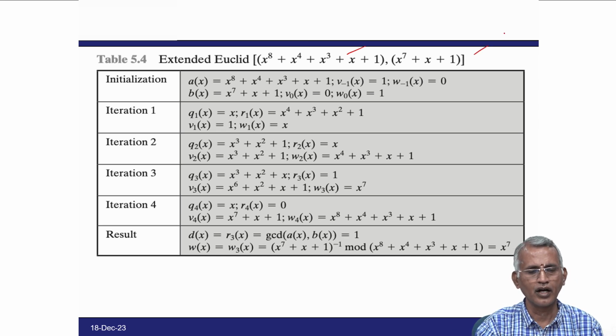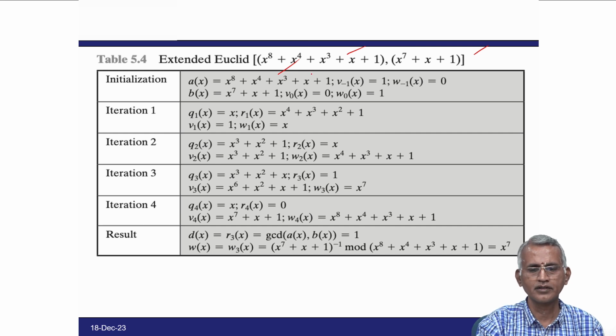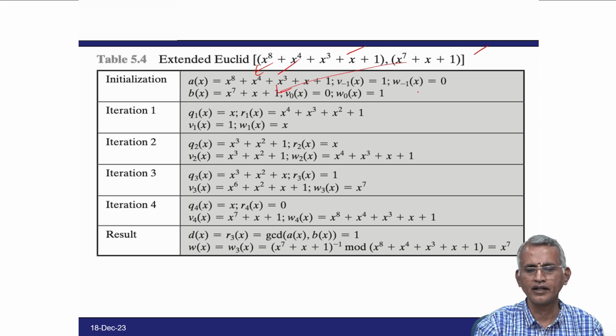Initially, you have a of x equal to so and so, and here v suffix minus 1 is 1 and w suffix minus 1 is 0, like that you have to initially start, and here b of x is, this is a of x and this is b of x, and initial values you have to consider like that. Then the theory starts with the help of the table.